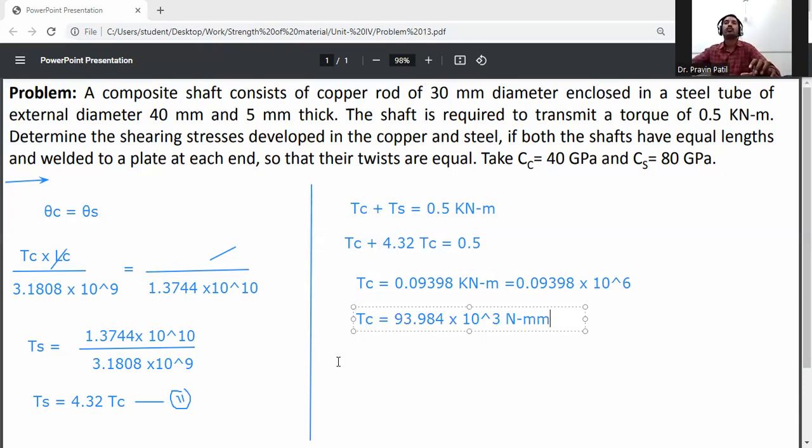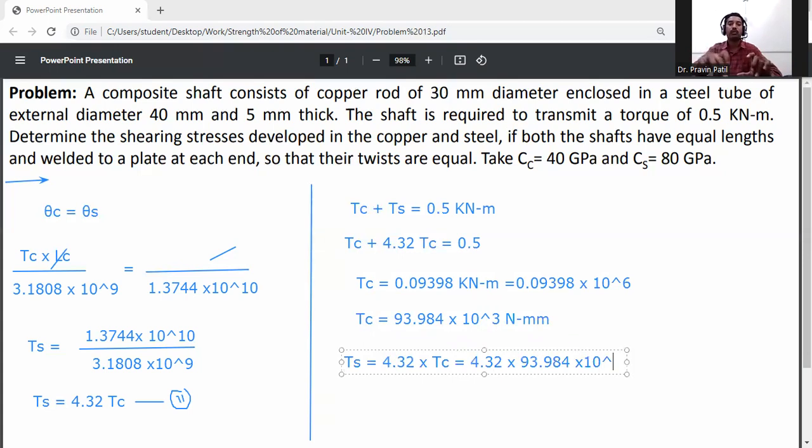Okay. So we know that TS is equal to 4.32 into TC, which is 4.32 into 93.984 into 10 raised to the power 3.